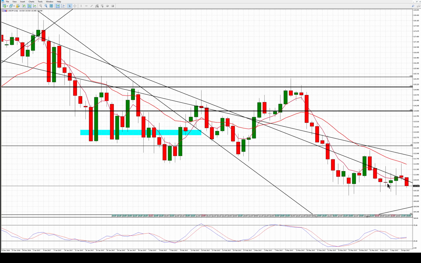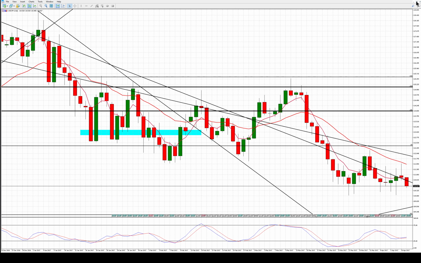So what am I looking for today? I'm looking for the opportunity to buy the dollar yen, and conversely, you could obviously sell the euro dollar, but I'm not too interested in doing that. I think I'd much rather buy dollar yen.